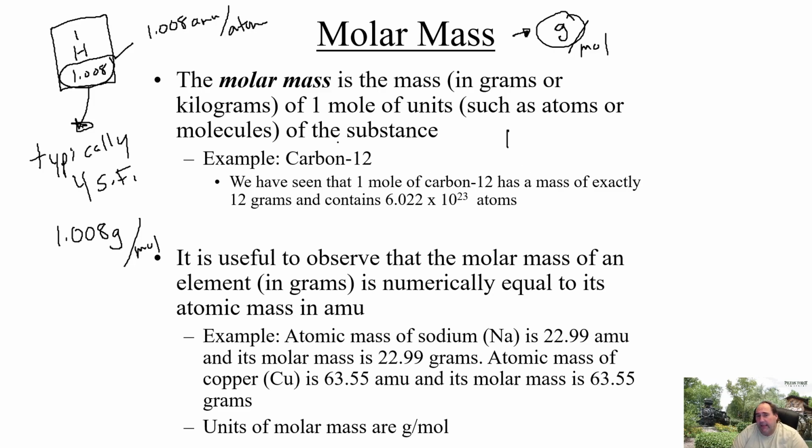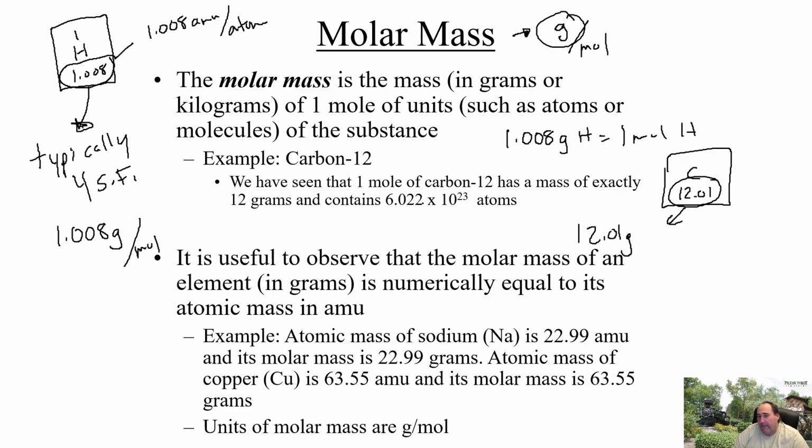So we basically could say that in hydrogen, there's 1.008 grams of hydrogen in every 1 mole of hydrogen. We could do that for anybody else that we see on the periodic table. We got our carbon, 12.01. So we could say for carbon, there are 12.01 grams of carbon in 1 mole of carbon.